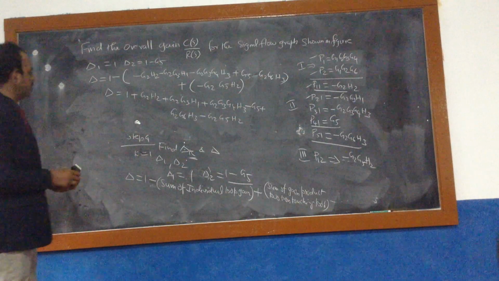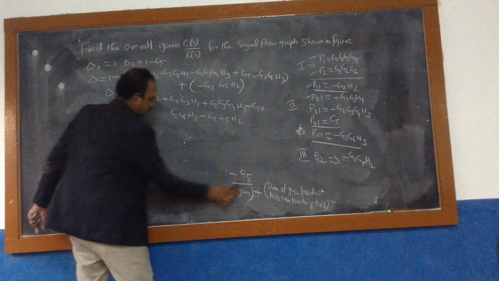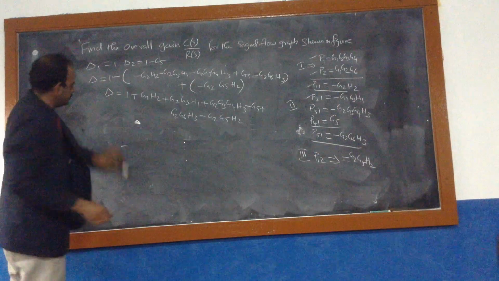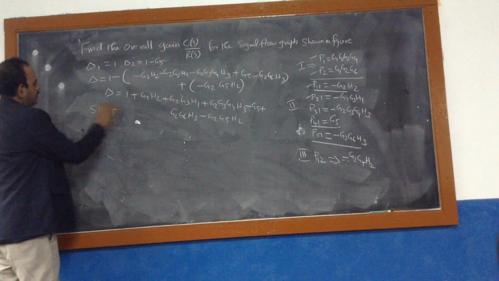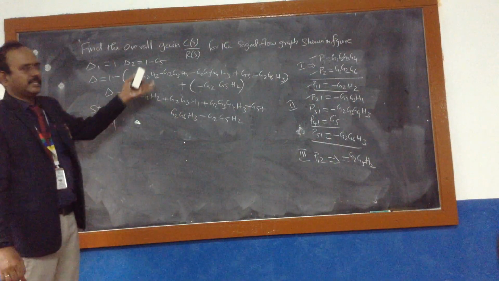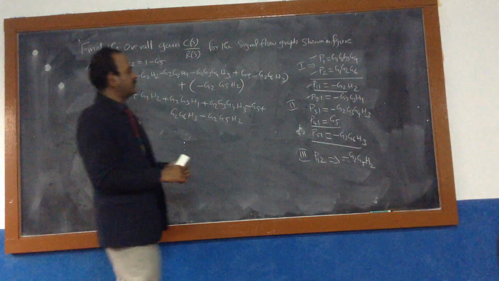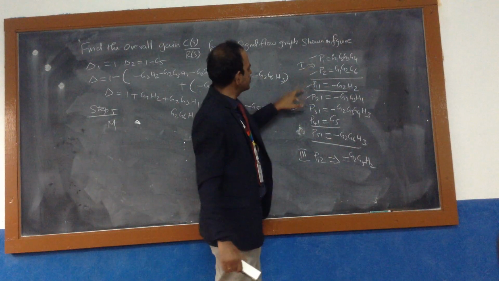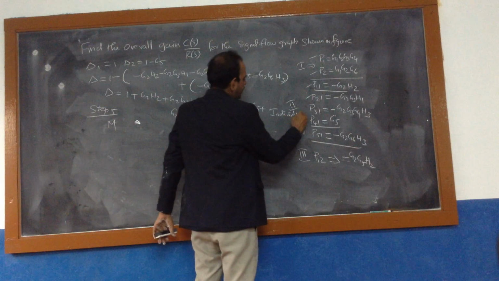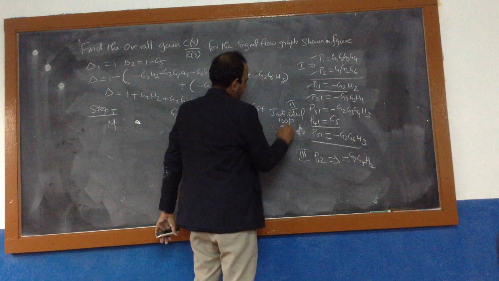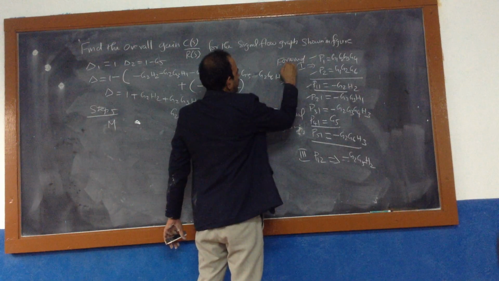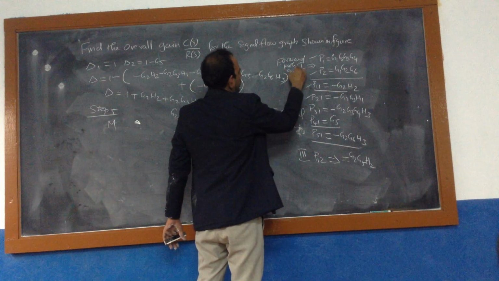Okay. Now we are going to substitute all those things in the Mason gain formula. So the last step, step 5, is based on the gain formula. We start with the first step: we have found the forward path gains, and in the second step we have found the individual loop gains. Okay.